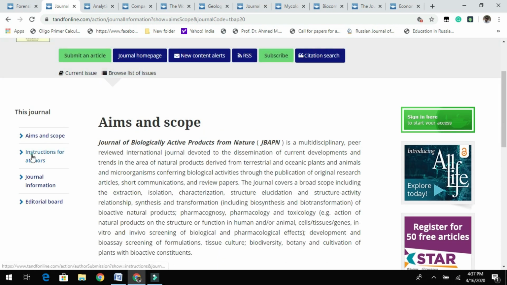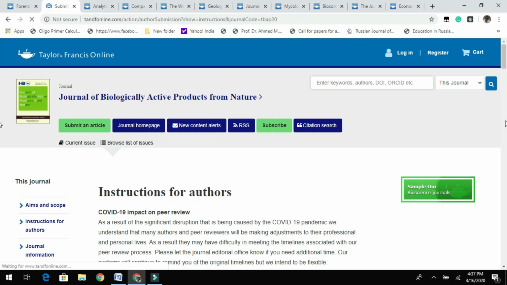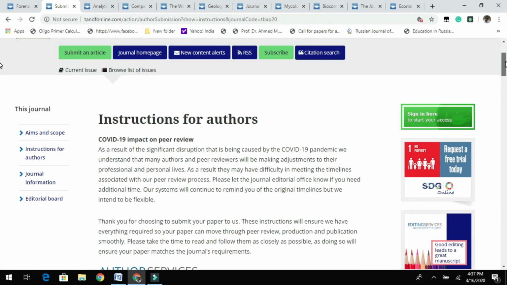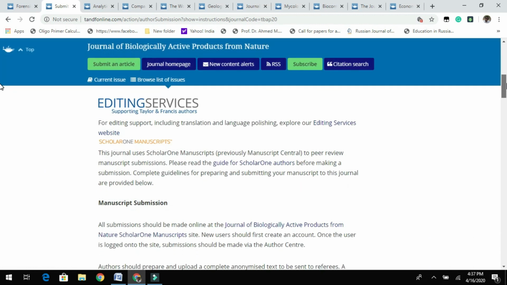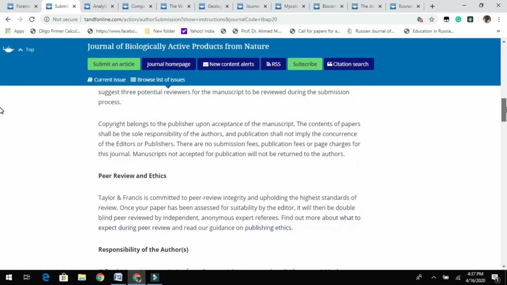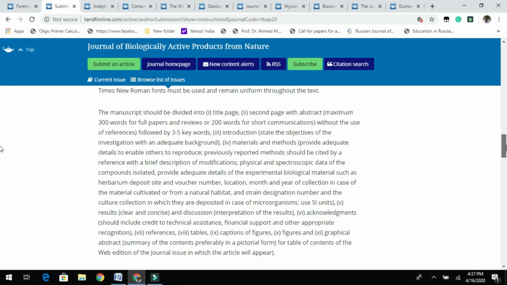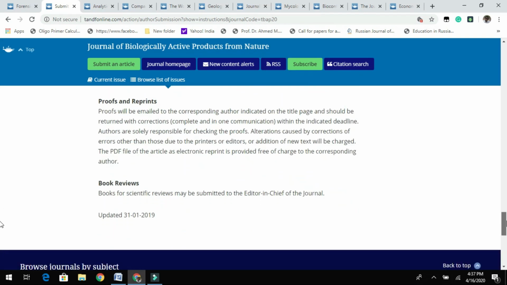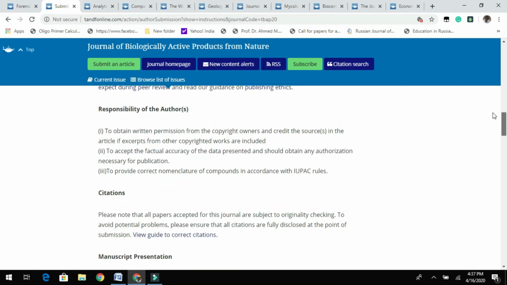So let us see the instructions for authors. Before targeting any journal, I highly recommend you to read the author's guidelines. So under instructions for authors, if you go down here, see whether this journal has any article processing fee.